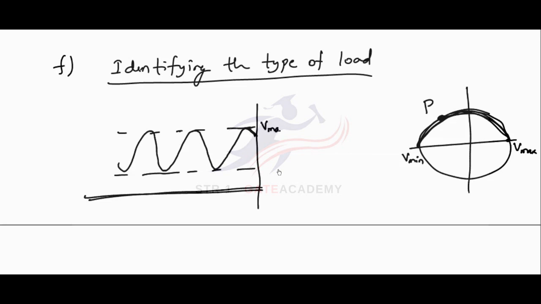This is Vmax and this is Vmin. This is mod of V. This is for R plus jx. If the load is R plus jx, then this will be the VSWR pattern, the standing wave pattern. This is the load end, and this is increasing L.